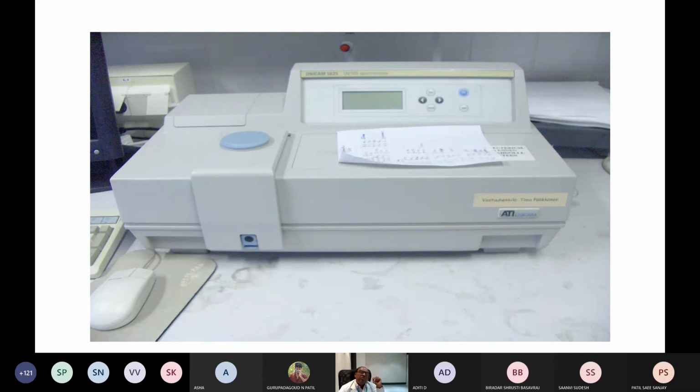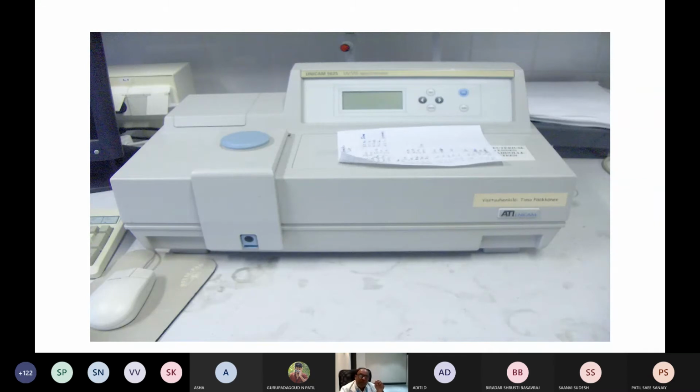For example, if you are measuring creatinine, it will have a blank. The blank consists of all the materials and reagents, except the component of the test or the sample that should be tested. That is called the blank.